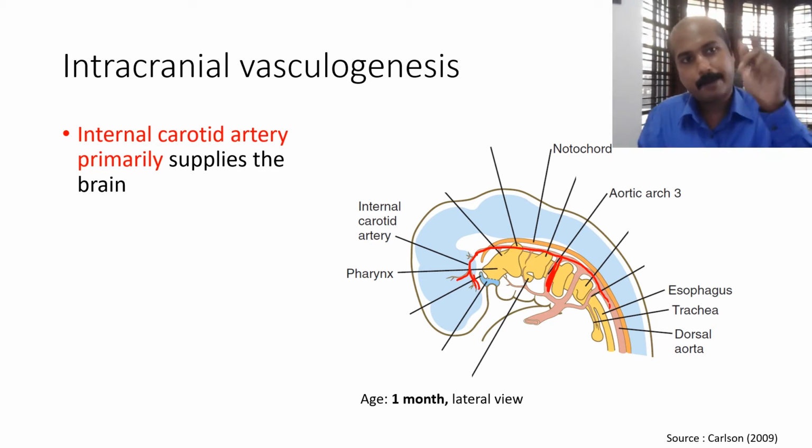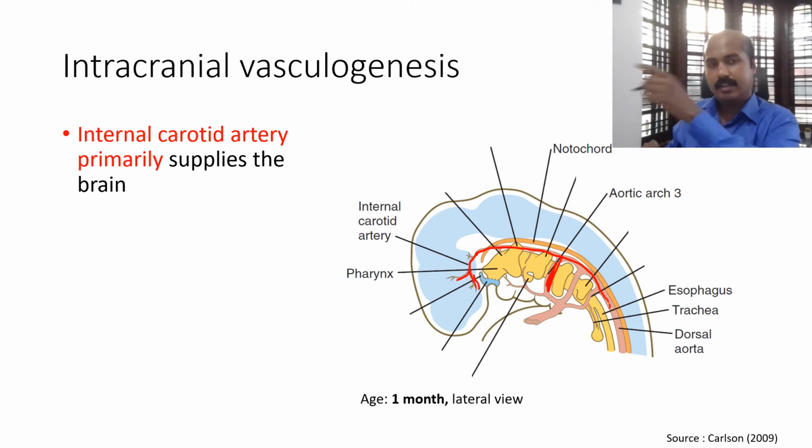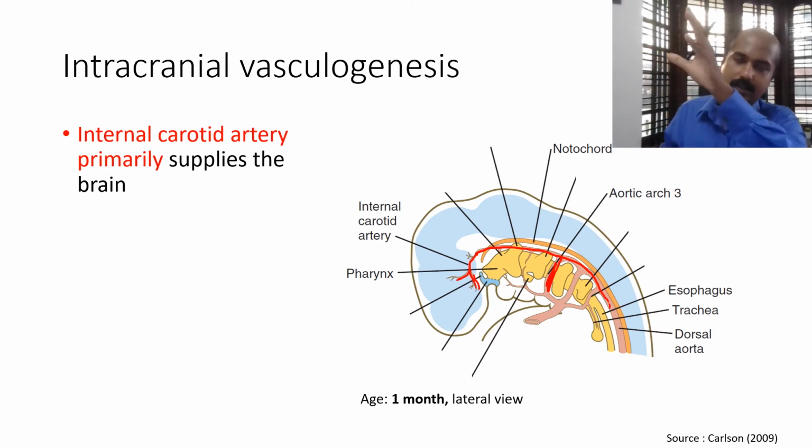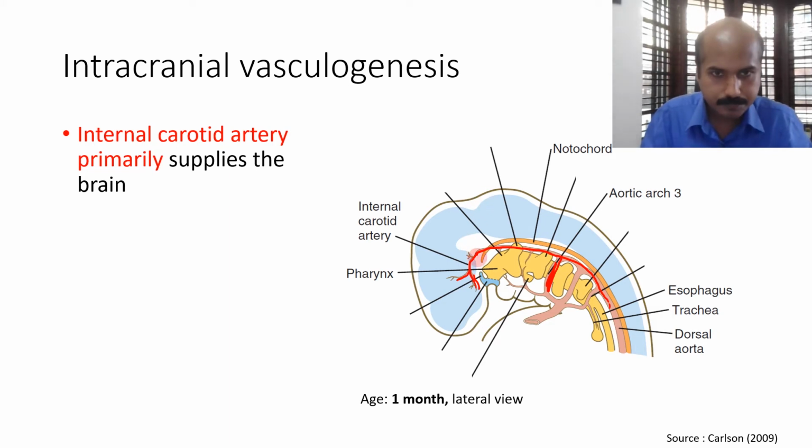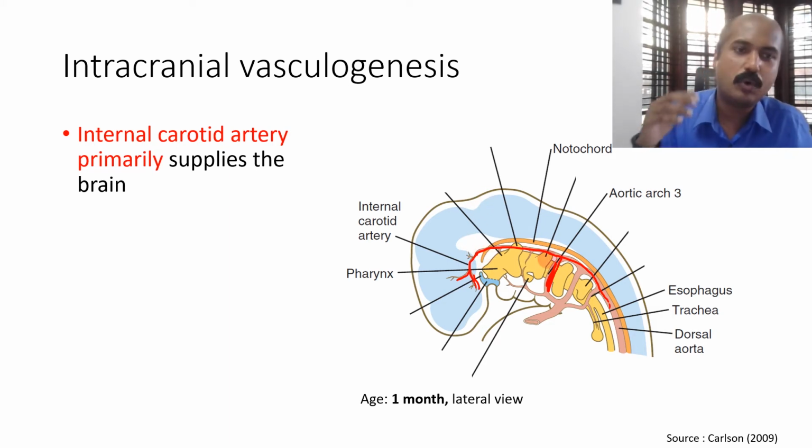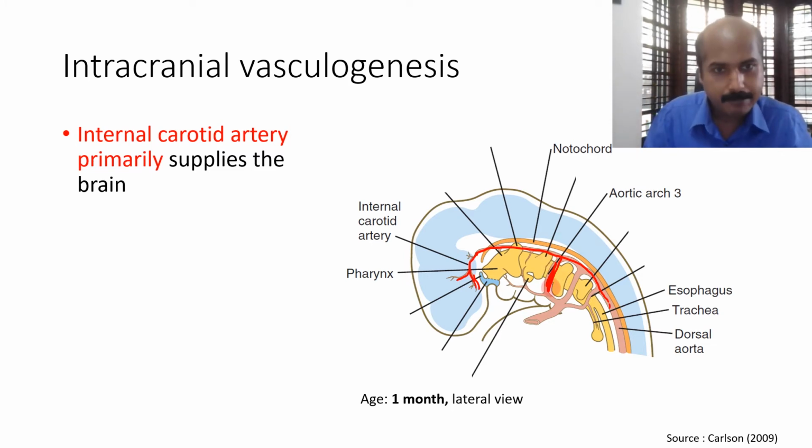That's when the branch from the dorsal aorta will shoot up, dedicated for the supply of that brain tissue. So it is basically an extension of the dorsal aorta. If someone asks you what the internal carotid artery is developing from, it is developing from the third arterial arch in the proximal part, and in the distal part it is an extension of the dorsal aorta.